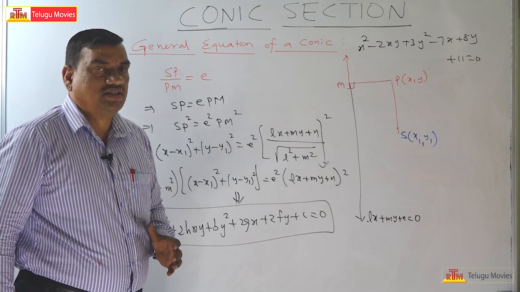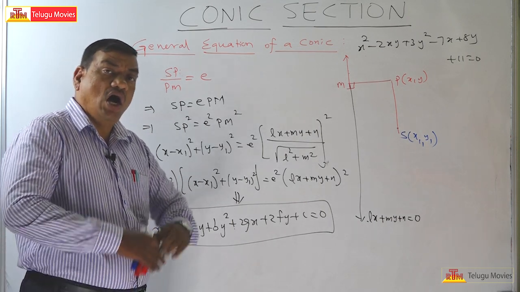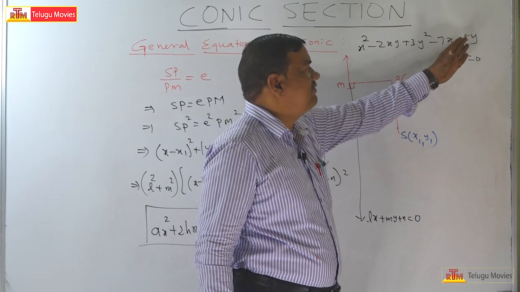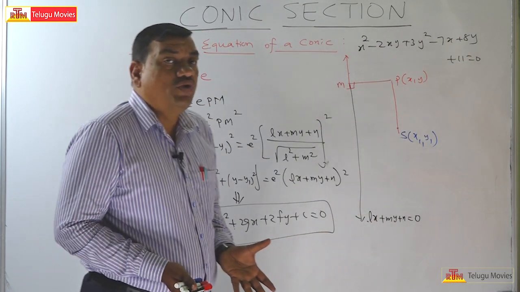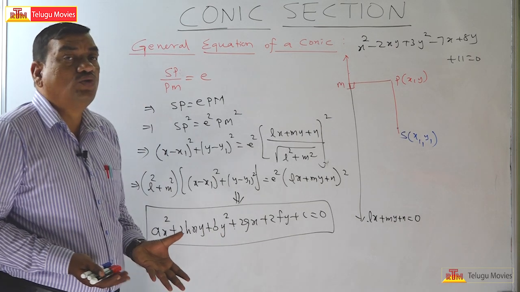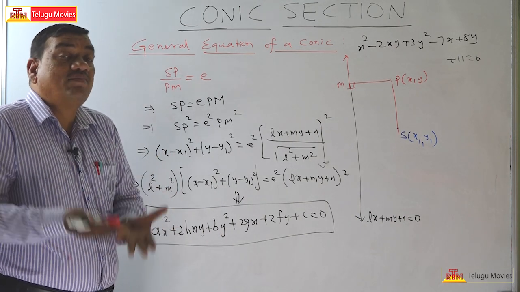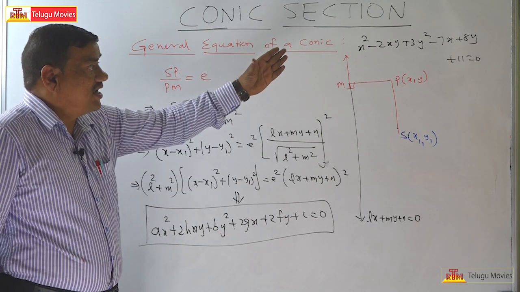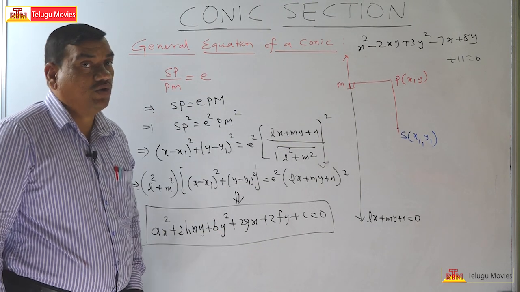How to recognize this? We know the coefficients 2, minus 2, 3, minus 7, 8, 11. Using those coefficients, how to recognize the name of the conic, the shape that the equation represents, that we are going to see.